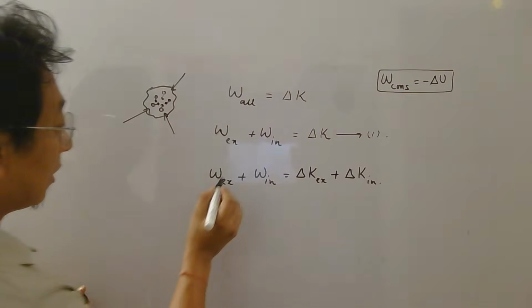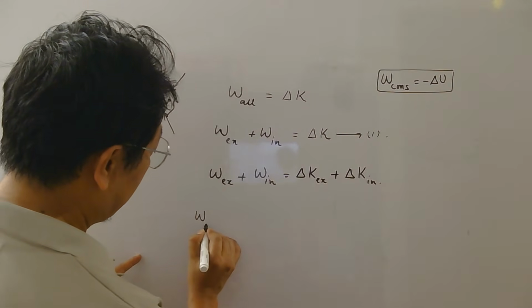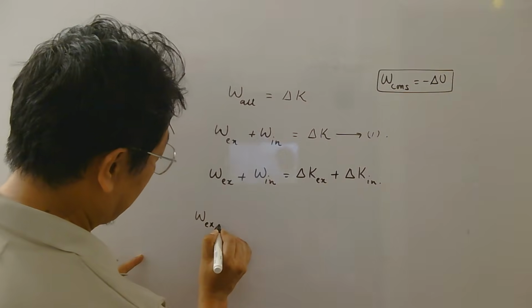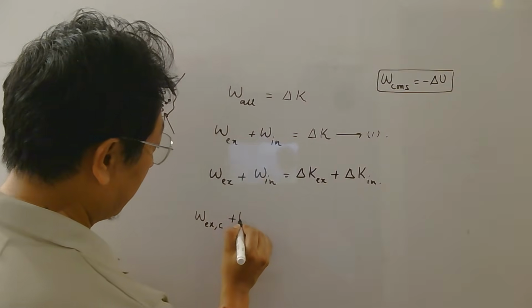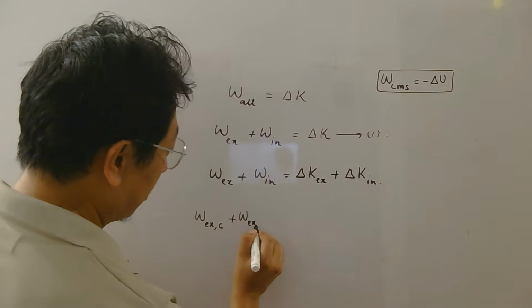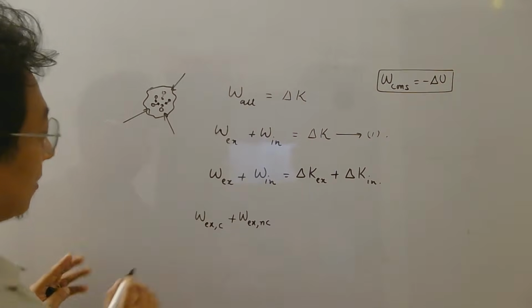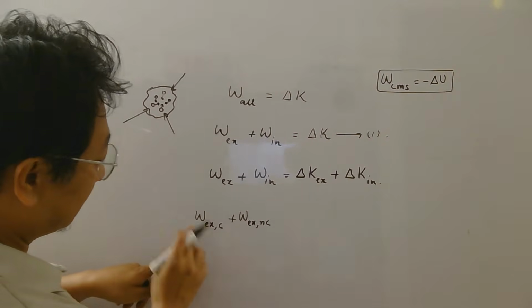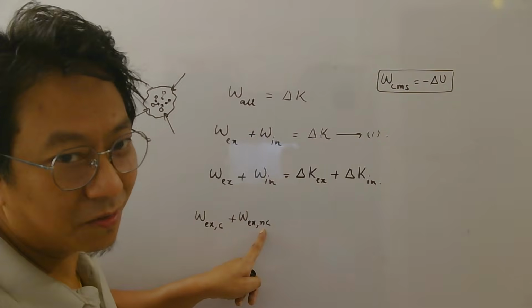So we will now write the work done by external forces as work done by conservative forces which are external, and work done by non-conservative forces which are external. So this could be due to gravity, conservative, and this could be due to friction from outside.